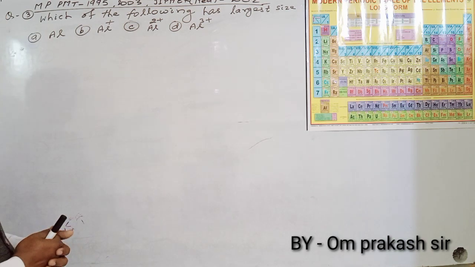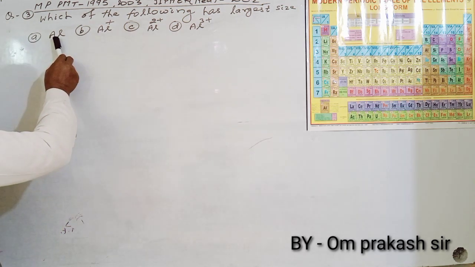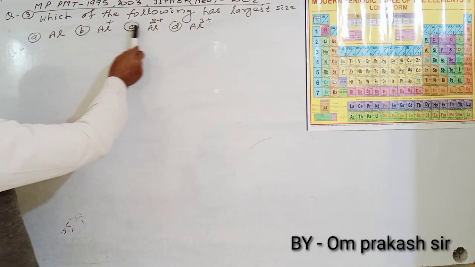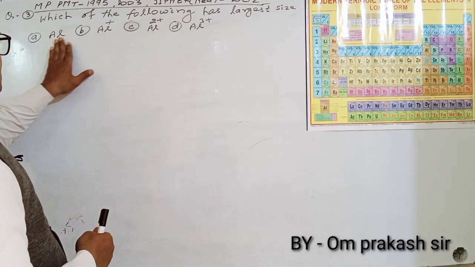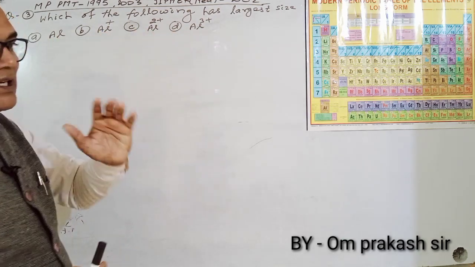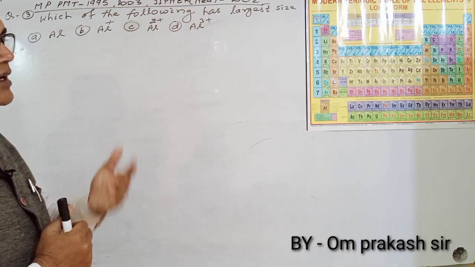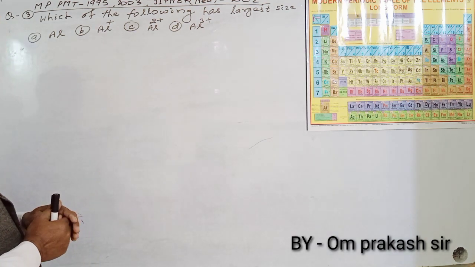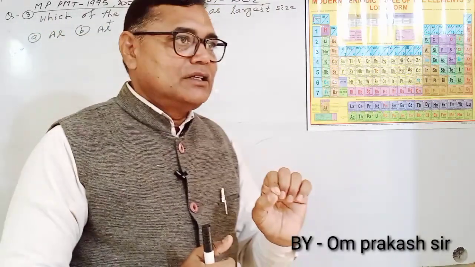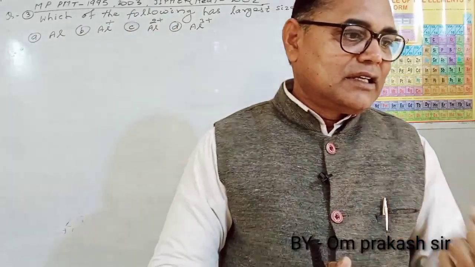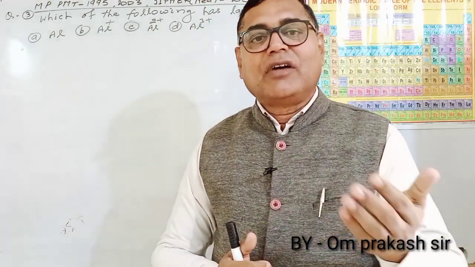We know that if symbol of atom is same, then increase in positive charge decreases ionic radius or size of ion.